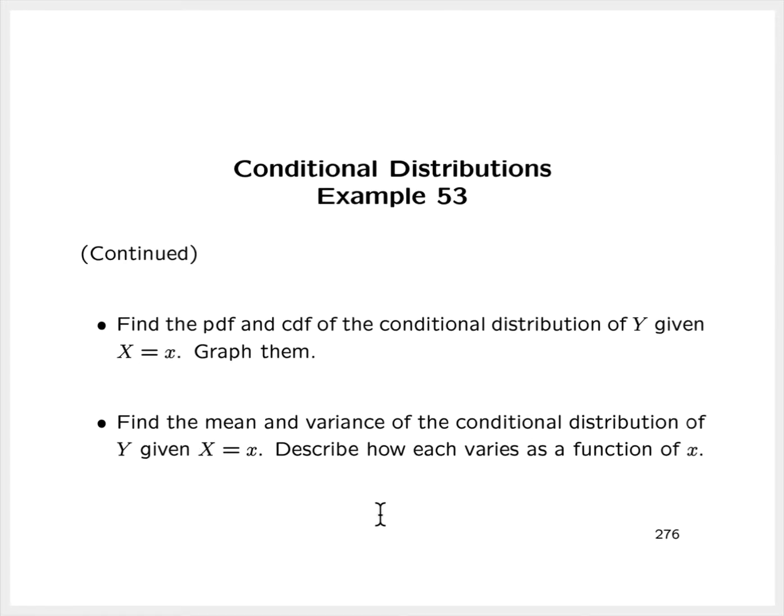We also want to find the PDF and the CDF of the conditional distribution of y given x. Once we've found the conditional PDF of y given x, then we can find the mean and the variance of the conditional distribution of y given x. And again, we want to note how each of these two distributional quantities depends, if at all, on x, as a function of x.